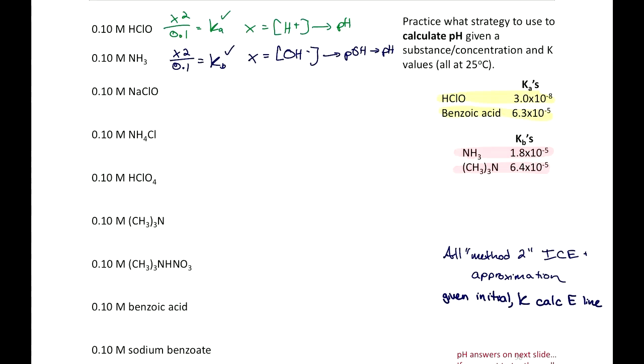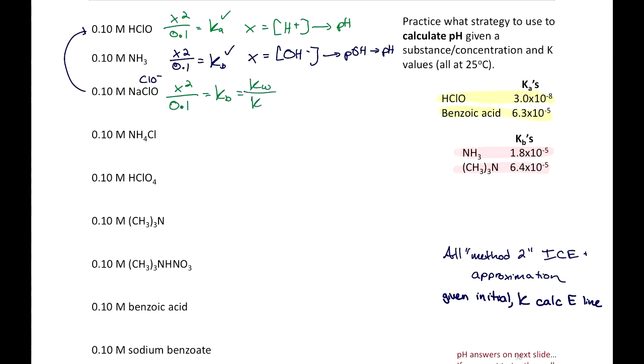NaClO. What's that? That's a base. Yes, that is the conjugate base of the acid. All right, so this is ClO minus. So what am I going to use here, Ka or Kb? Kb, but did I give you Kb of that? Nope. But we can solve for it. So it's still going to be x squared over 0.1. I hope that you're recognizing the trends. But we're not given Kb, but we can solve it using Kw.